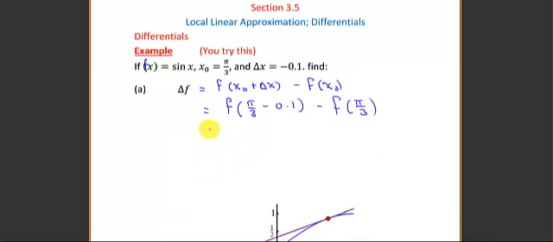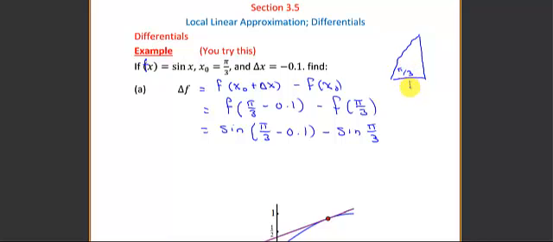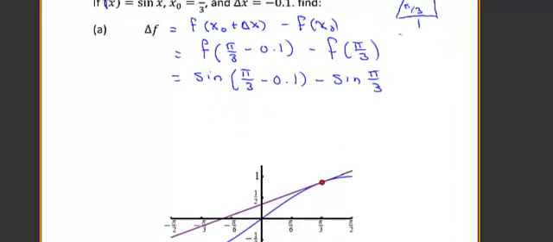So that will be the sine of pi over 3 minus 0.1, which you could get on your calculator, minus the sine of pi over 3. Let's recall, if I draw a right triangle here, this is pi over 3, or 60 degrees, not pi over 6. Then this side is 1, hypotenuse is 2, the opposite side is square root of 3. So the sine of this is square root of 3 over 2.